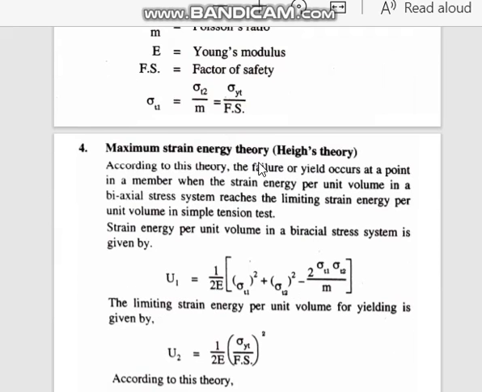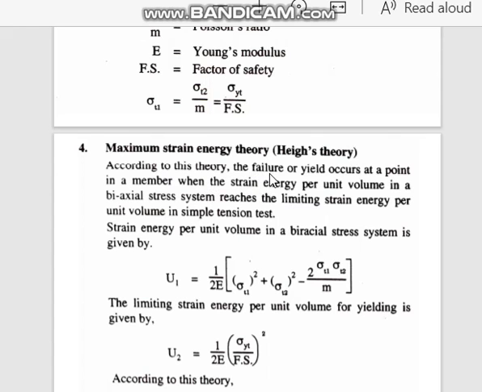the maximum strain energy theory, or it is also called Haigh's theory. This is strain energy. First is maximum principal stress, second theory is maximum shear stress theory, third is maximum strain theory, fourth is strain energy theory. Strain energy means the energy that is stored in the component. So what is this theory saying?